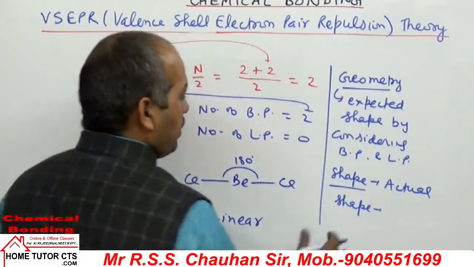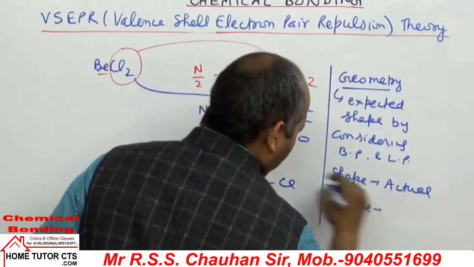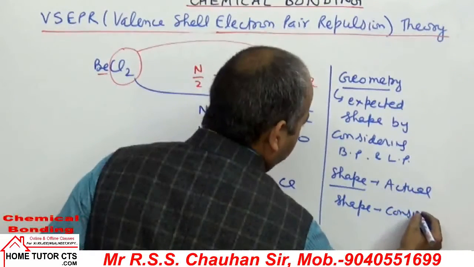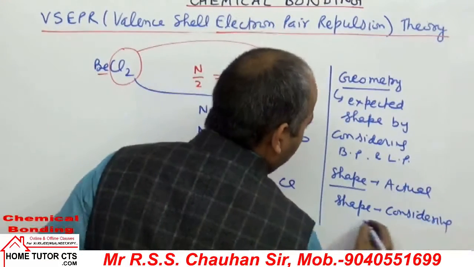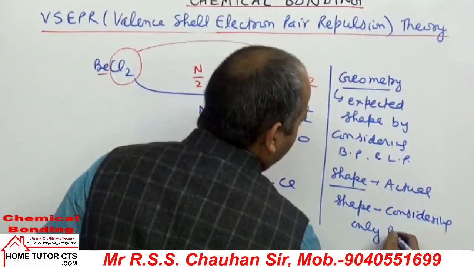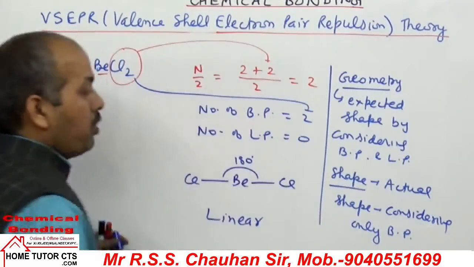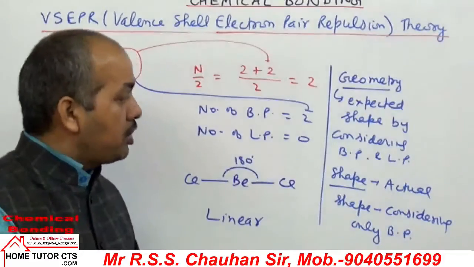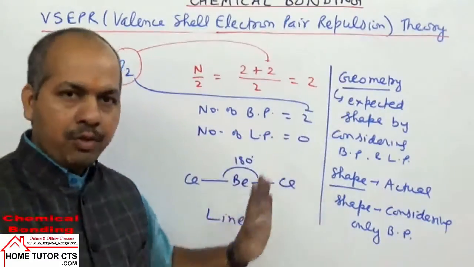Shape means actual shape. It is drawn by using only bond pairs. By considering only bond pairs, we can draw the actual shape of the molecule. That is the shape of the molecule. If nothing is distinguished, you can take geometry and shape as the same.